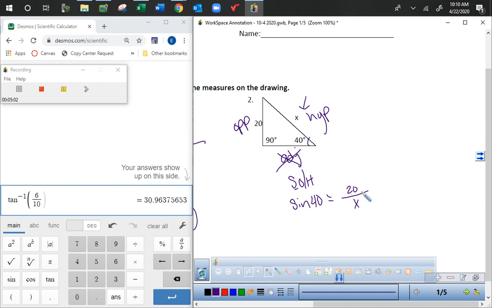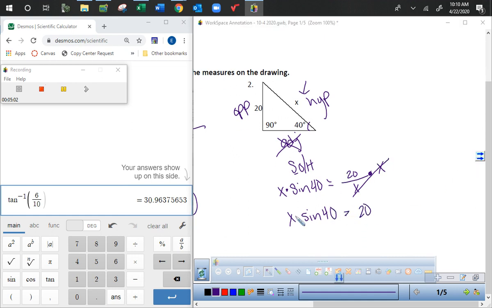To solve for x on problems like this, if you have it in the fraction with the regular, the step is always the same. You just have to multiply over the denominator. So when we multiply the denominator, which is x here, on both sides, these cancel. I'm going to bring this down. This says x times sine 40 equals 20.